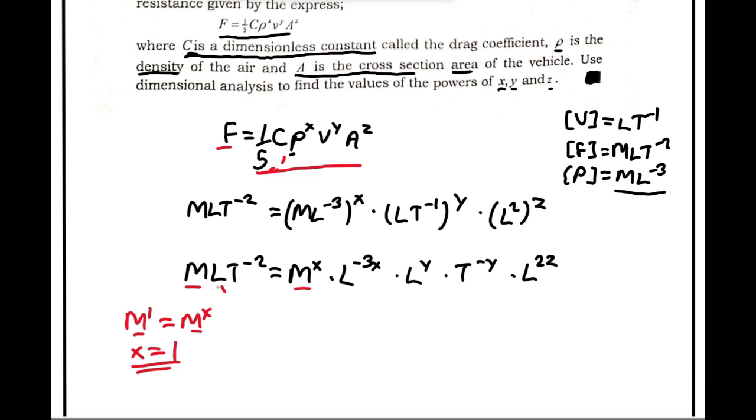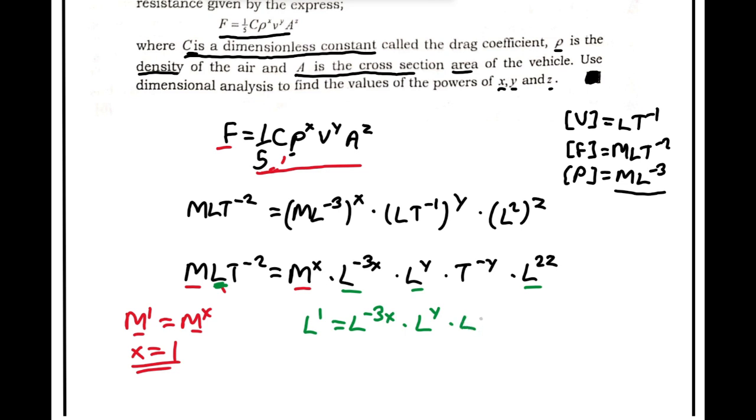The next one we want to look for is L. How many L's do we have on the right hand side? We have this one, and this one. So L on the left side is L to the power 1, equal to L to the power -3x multiplied by L to the power y multiplied by L to the power 2z. According to the law of exponents, when multiplying things that have the exact same base, the powers are added together.